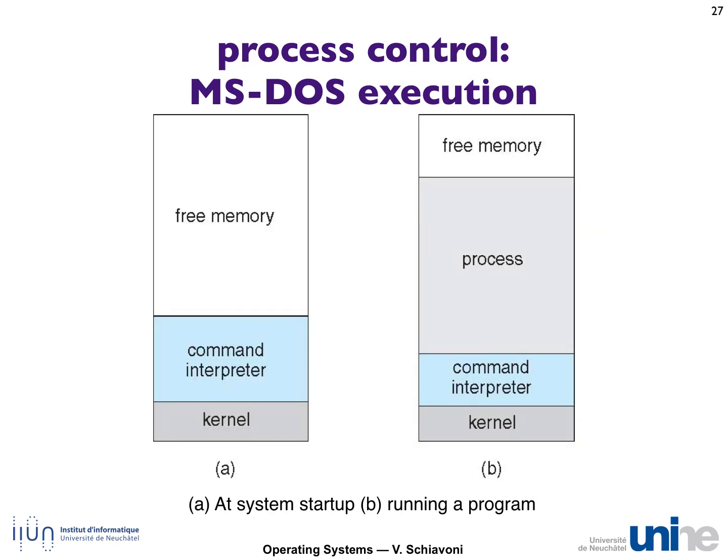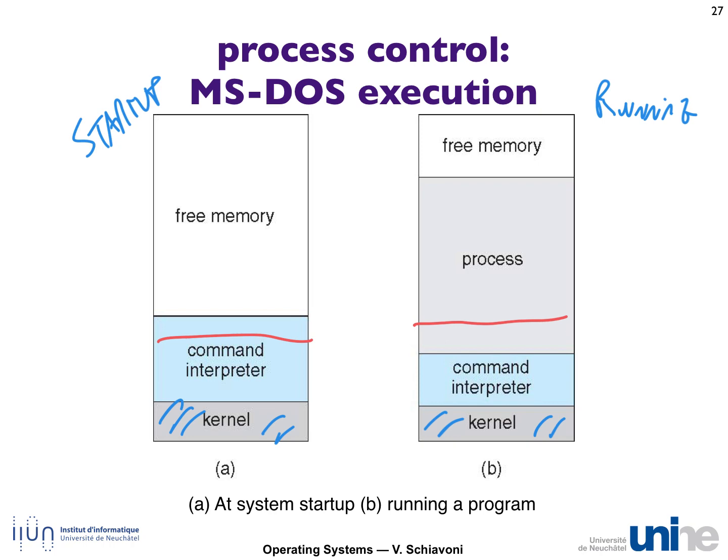So here on the left side, we see the system at startup. And here we see the system while it is running. As you see, there is a fixed area that is used by the kernel. And then a portion of the memory that was used by the command interpreter is basically removed, freed, in particular this part here in this example.